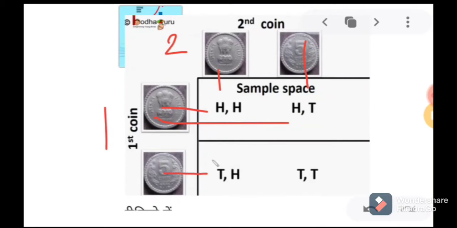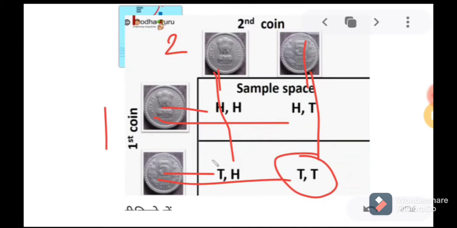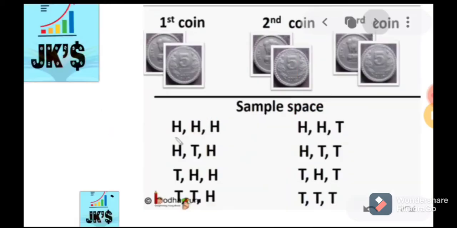Tail from the first coin and head from the second coin, we get TH. Tail from the first coin and tail from the second coin, we get TT. In this way, when we toss two coins, we get either HH, HT, TH or TT.